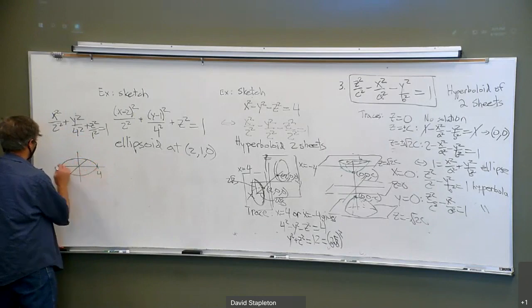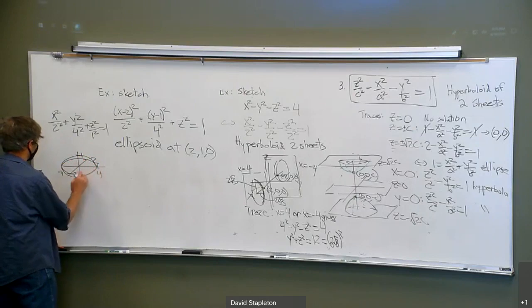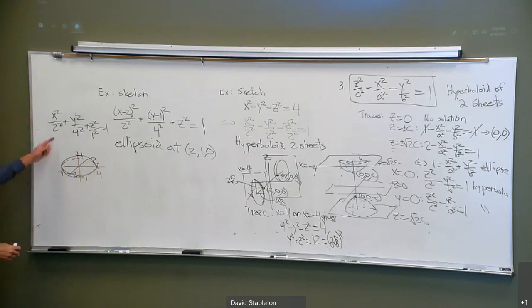So it goes out to 4 and minus 4 in y, 2 and minus 2 in x, and then it comes just up to z equals 1 and down to z equals minus 1. I should draw this equator dotted back here. And there we go. There's the ellipsoid here.